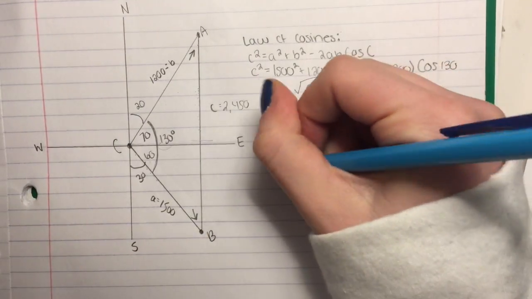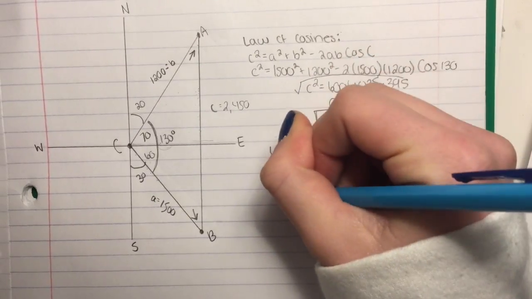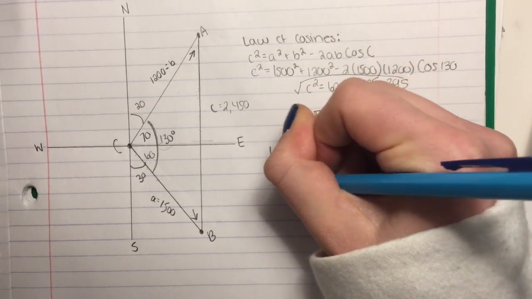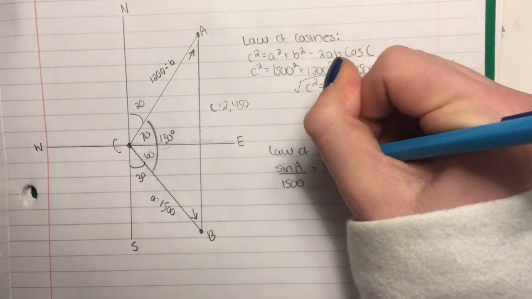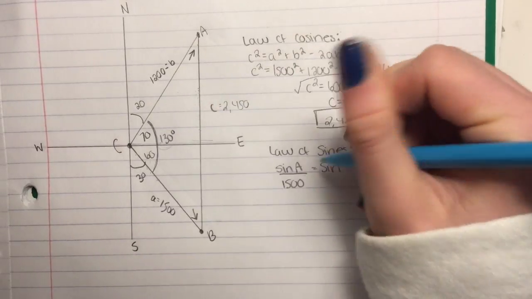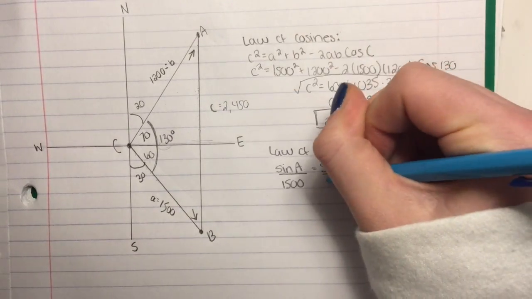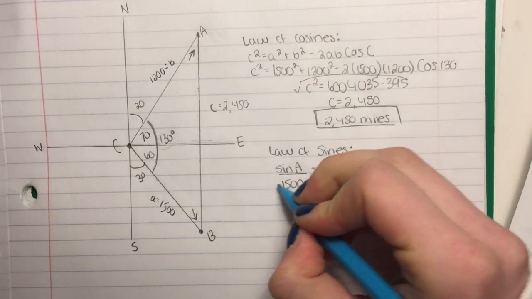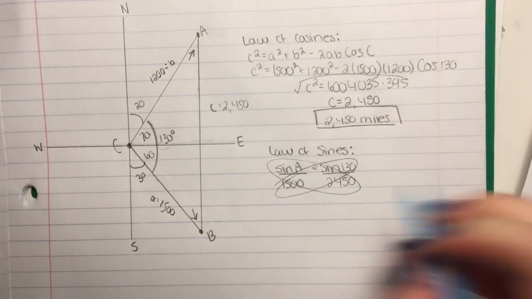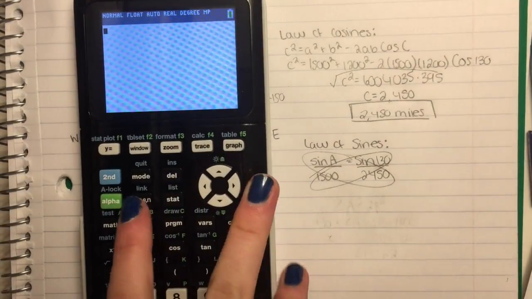So we can set it up as the sine of angle A over side A, which is 1,500, is equal to sine of 130 over side C, which is the distance that we just found. Now we can cross multiply and plug this into our calculator.